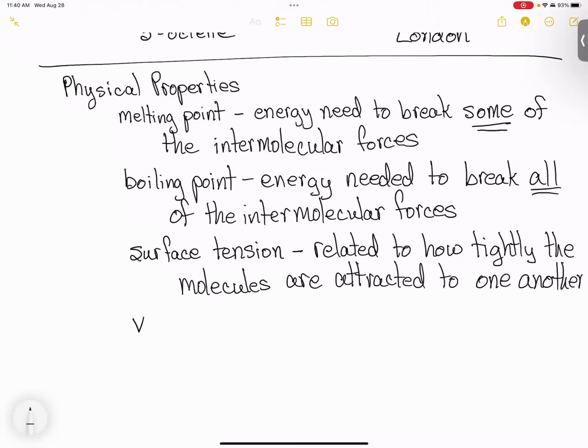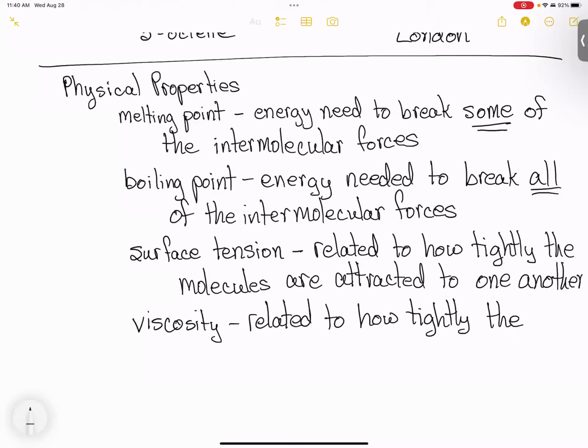We'll talk about viscosity, which is also related to how tight the molecules are attracted.